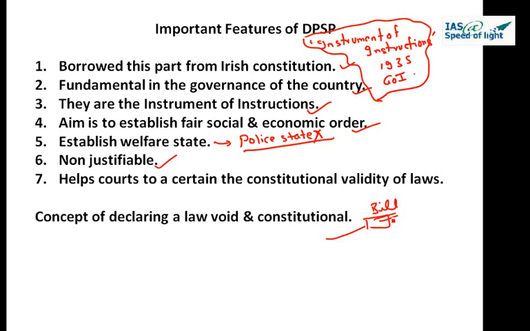So it is very important: they cannot declare a law void because of the directive principles of state policy, but yes, they can uphold the constitutional validity of that law based on them. An important point to understand.